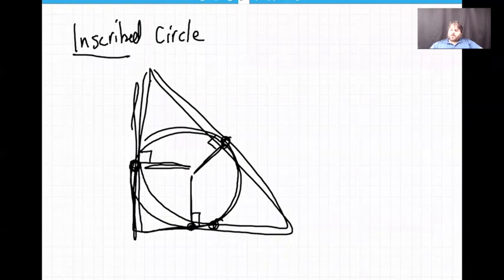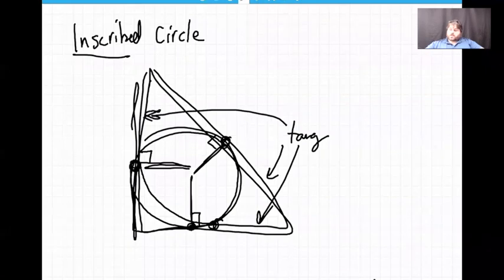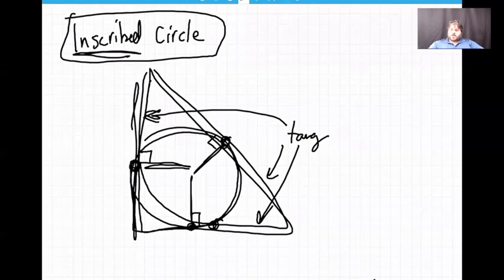So just remember that if something is inscribed, these are tangent lines. This is a tangent line, so is this one, and so is this one. These are all three tangent lines because the circle is inscribed inside of the shape. Okay? All right.